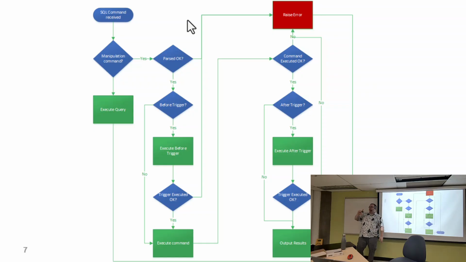Remember I was talking earlier that some database servers and triggers are not transaction safe. MySQL is not transaction safe. So a command comes in. It's an insert statement. The before trigger fires off. It's successful. It executes the command. Let's say it updated the record to have a timestamp, right?